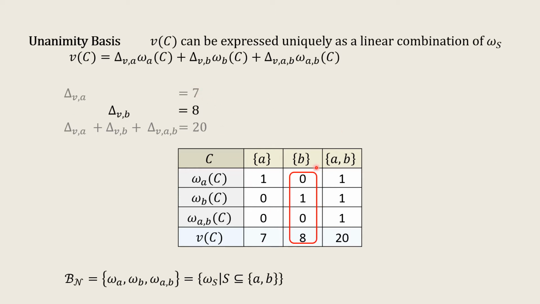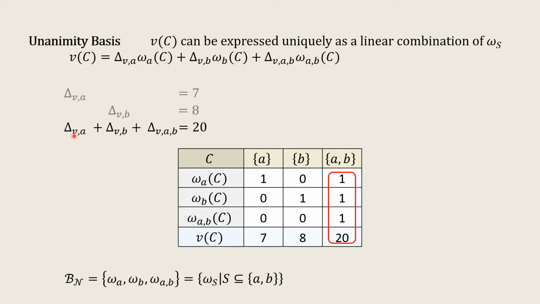Likewise, when C is equal to B, omega A is 0, omega B is 1, and omega AB is 0, whence I only have this term here, and the value is equal to 8, whence delta B equals 8.